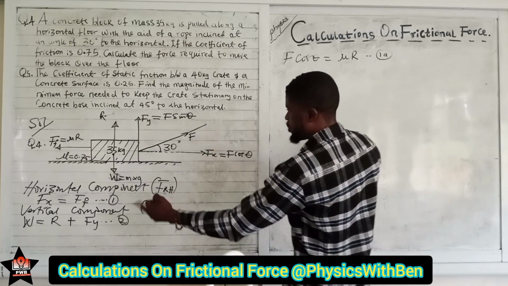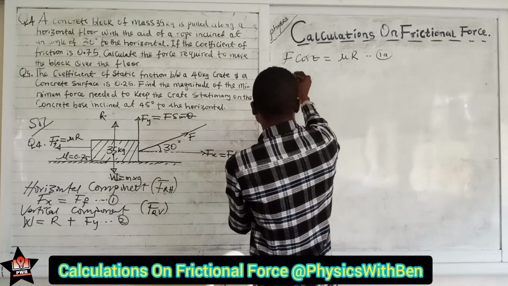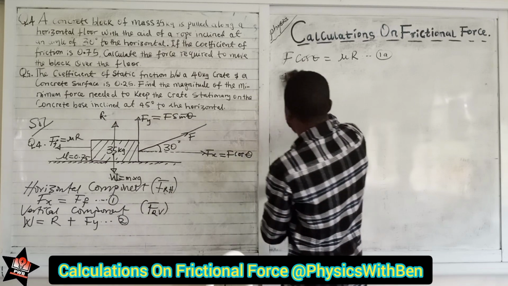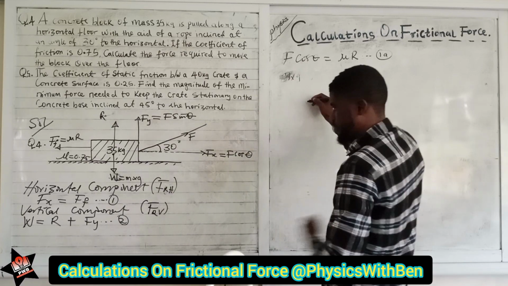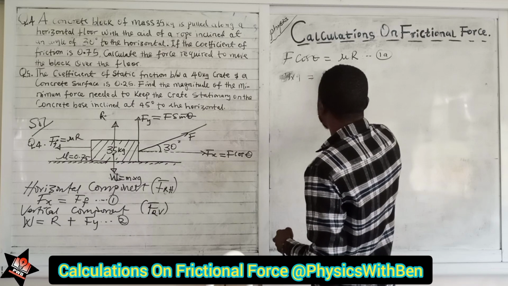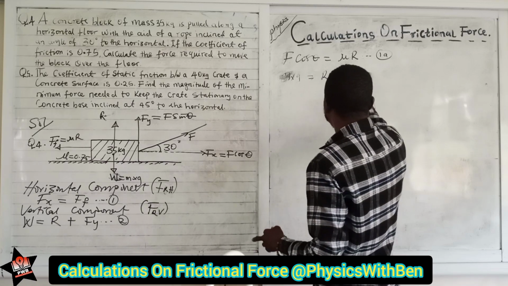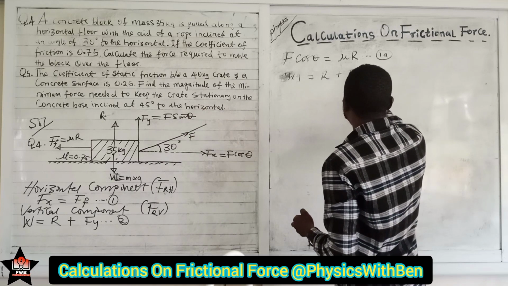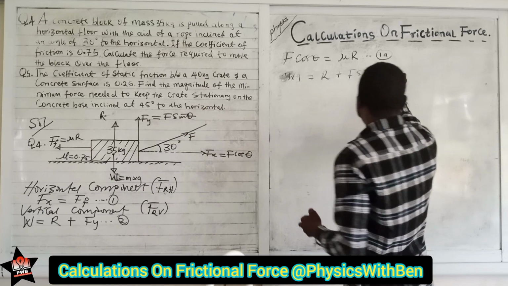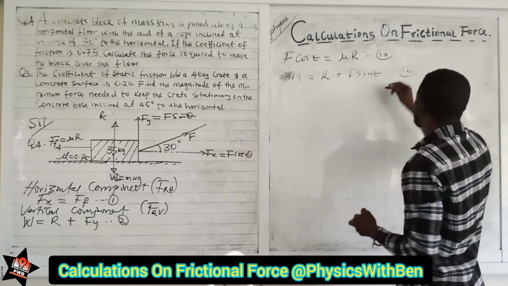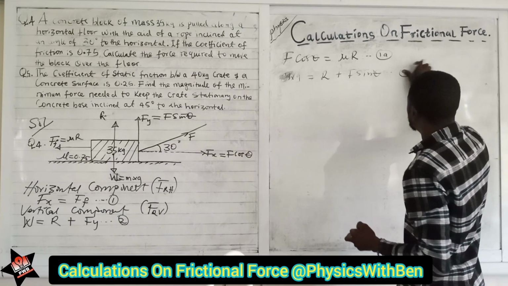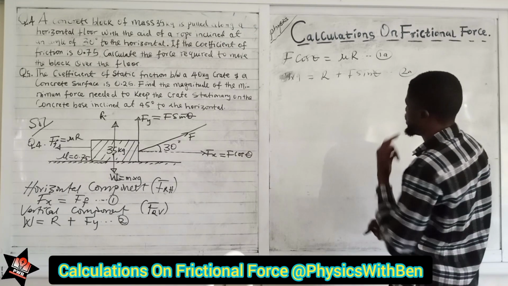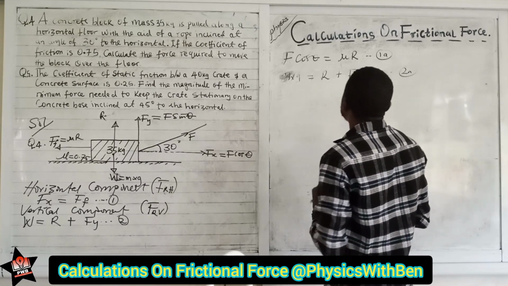Secondly, our W means mg, so we have our mass times gravity equal to R plus Fy, which means F sine theta. So we call this equation number 2a. We will throw more light on that.